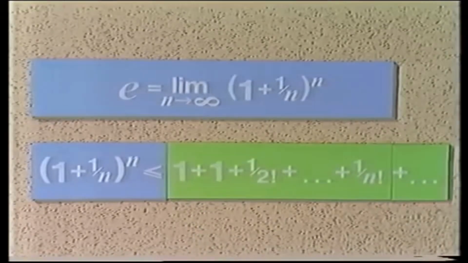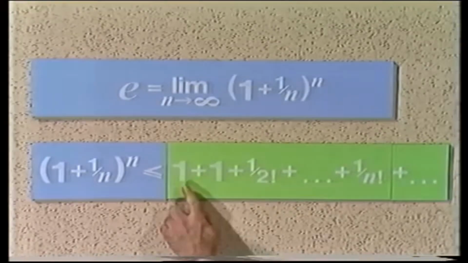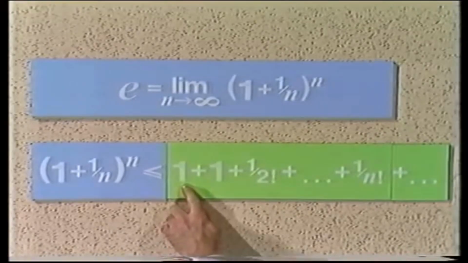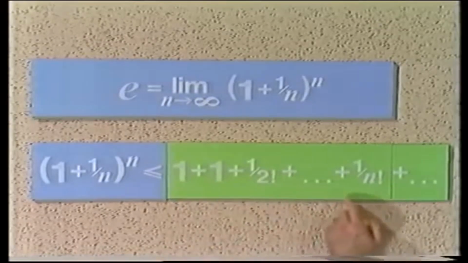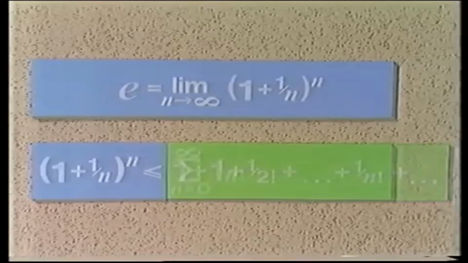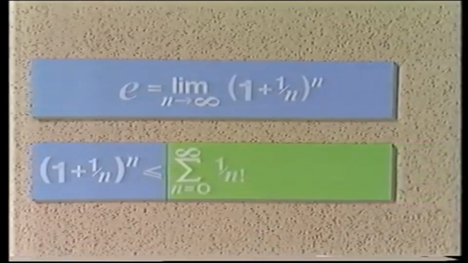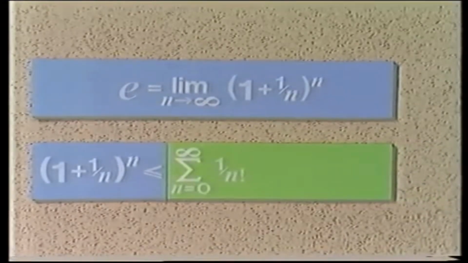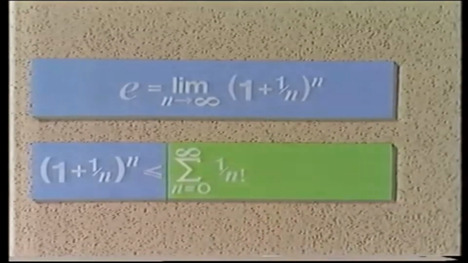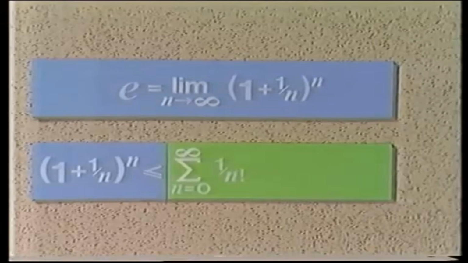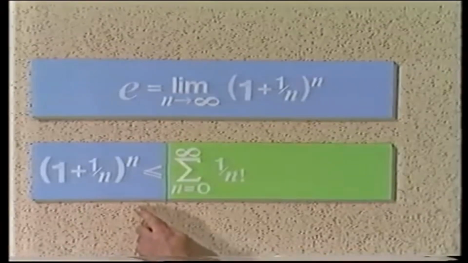But naught factorial is defined to be 1, so I can think of this 1 as 1 over naught factorial. Then this is equal to sigma 1 over n factorial summed from naught to infinity. Now if this infinite series is convergent, it will give us a number, an upper bound for the binomial expression.